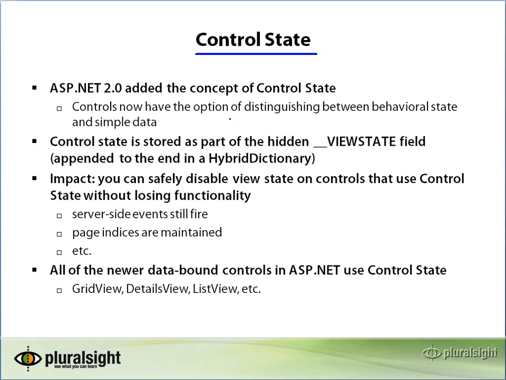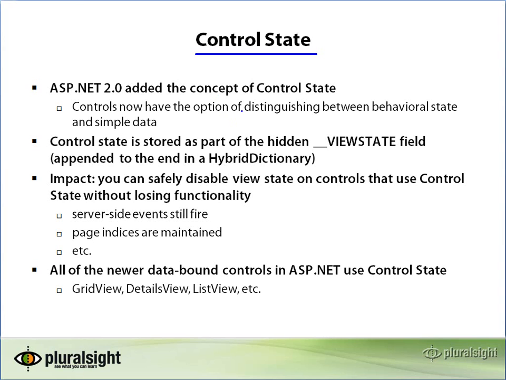For example, the data grid. If you ever used the data grid in ASP.NET 1, and you enabled the sorting feature and the editing feature, if you turned off ViewState, none of those commands would be sent back to the server properly. So they decided they wanted to keep the behavior working properly and still let people disable ViewState.